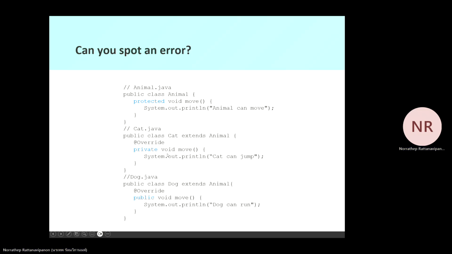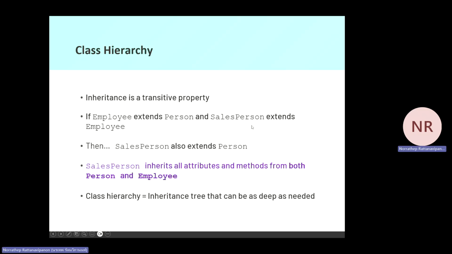In this case, the Cat class would fail because you decrease the visibility from the superclass. When you override a method, you cannot decrease the visibility, but you can increase it from protected to public. That's fine. We will see the reason why you cannot decrease the visibility in the next 2 weeks. But for now, just memorize that.